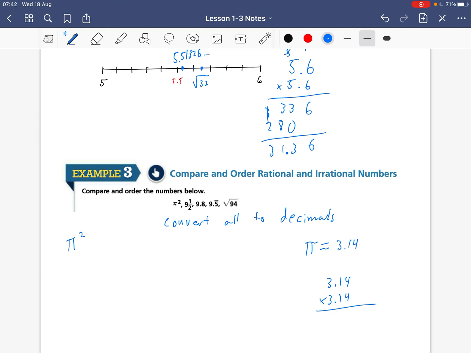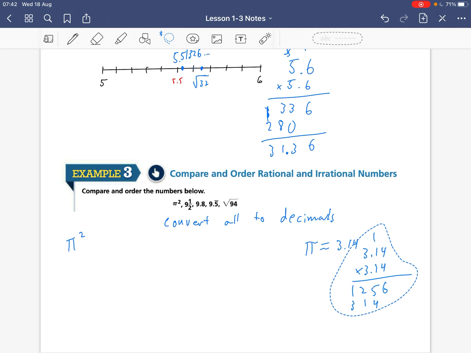I hope I don't run out of room. 6, 5, 12, 4, 1, 3. I am going to run out of room. And the last one is 12, 4, and 9.